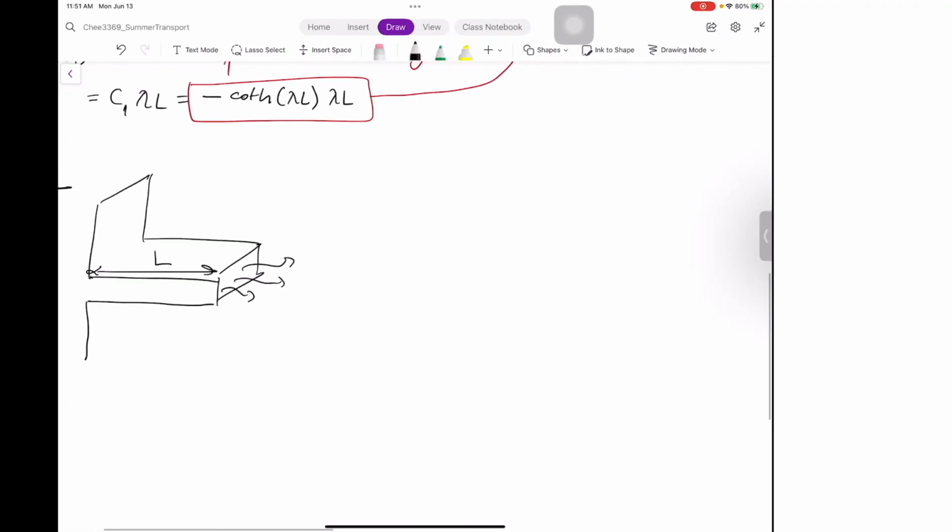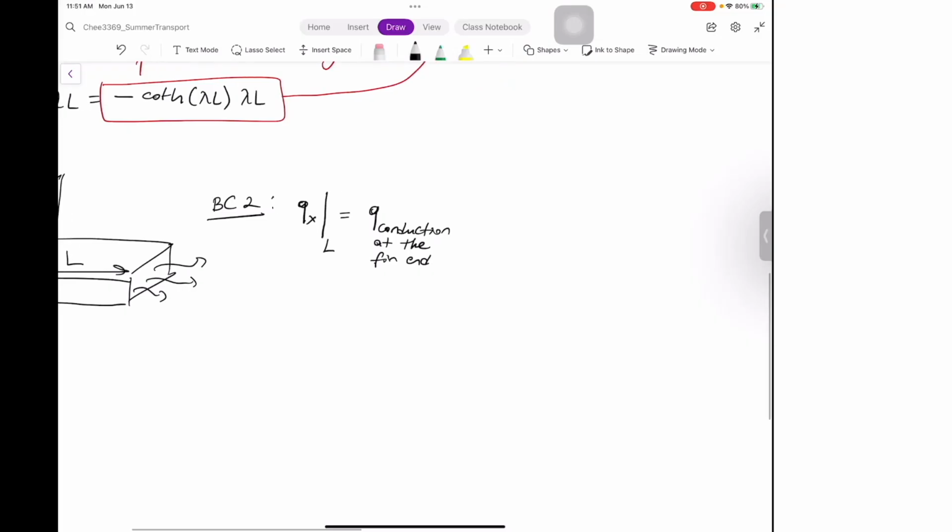And you can actually change your boundary condition: Qx at L is equal to the Q by conduction at the fin end.